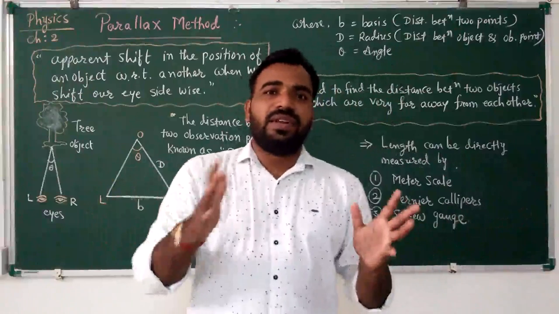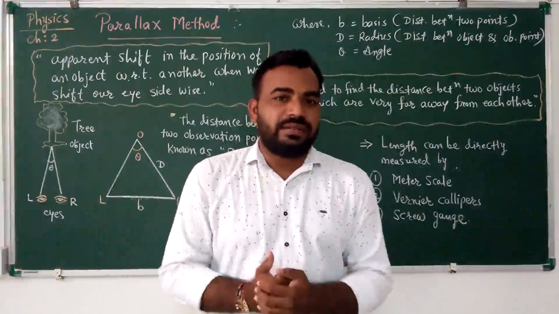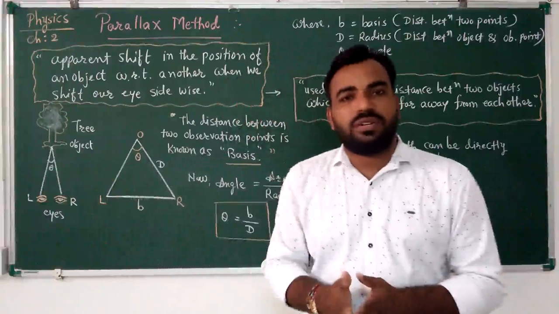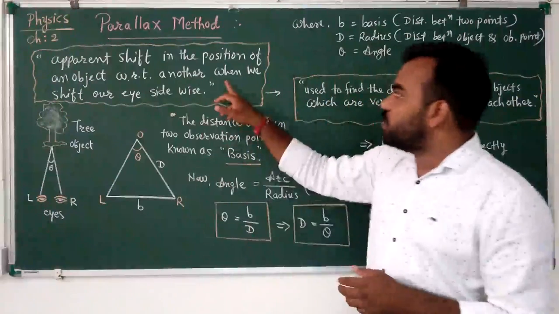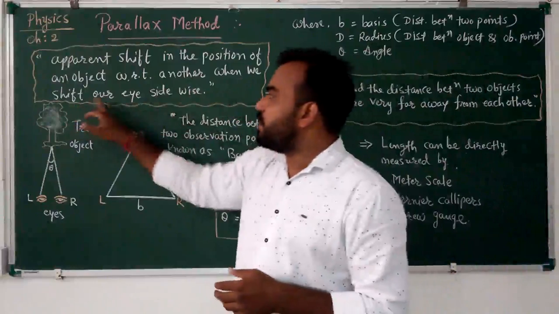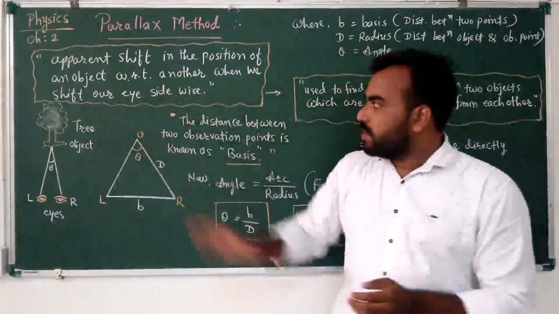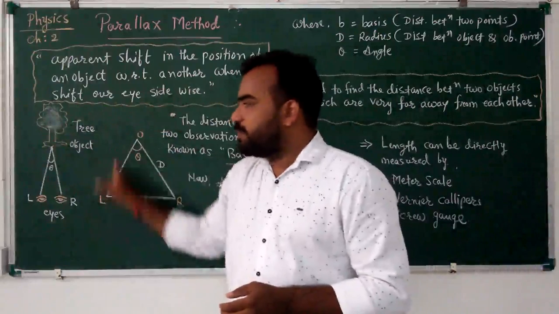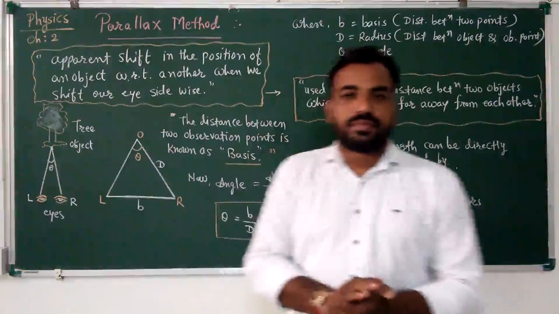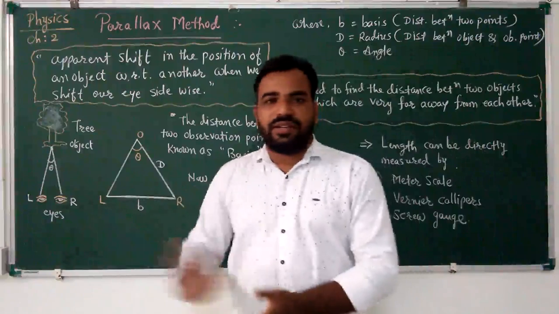In that case, we will get some shifting in the position of an object, right? So when we shift our eye sidewise, this is for this particular figure. Now look at this figure.